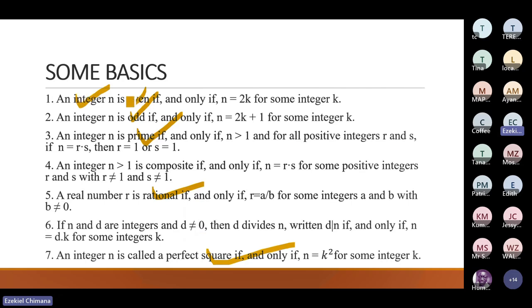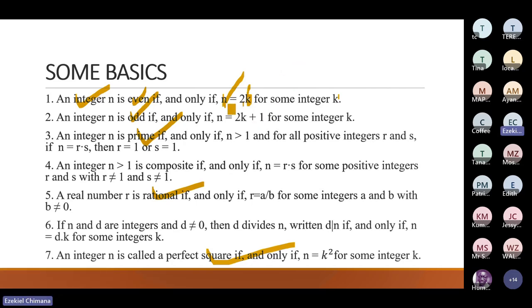So an integer n is even if and only if n is equal to 2k for some integer k. So you are saying n is even if we can have some integer k that if we multiply it by 2, we get n.